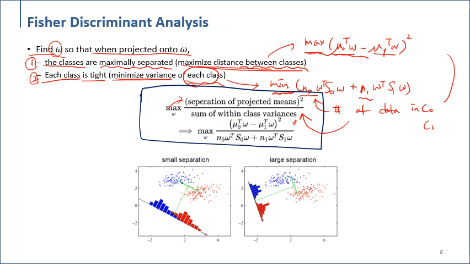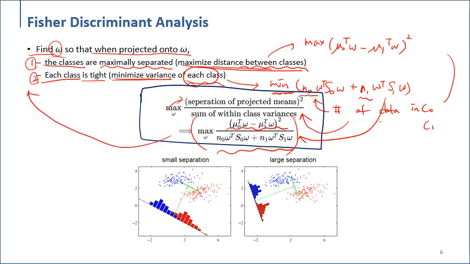The final objective function can be like this. By using this, we can find the omega that satisfies these two conditions at the same time.